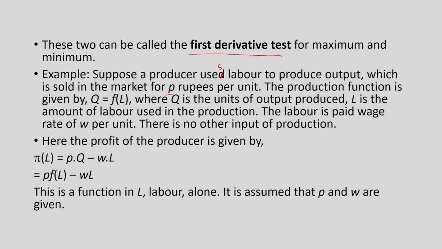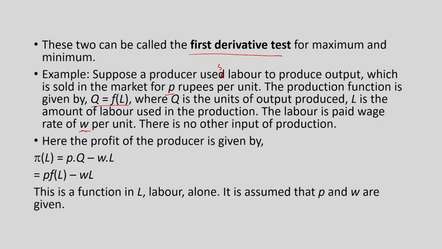The production function is given by capital Q is equal to f of L. So, f is the production function, a function of labor, where capital Q is the units of output produced, and L is the amount of labor used in the production. The labor is paid a wage rate of W per unit. There is no other input of production.